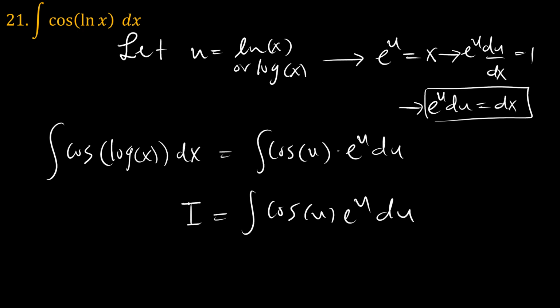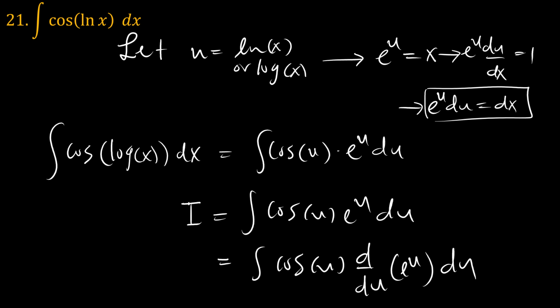And so this is the same as cosine of u times the derivative of e^u, because the derivative of e^u is the same as e^u.